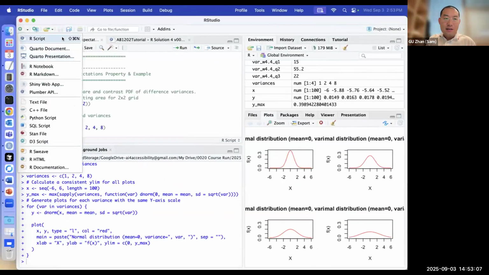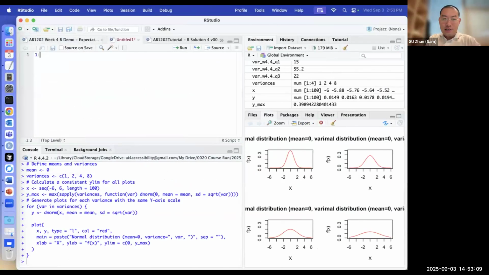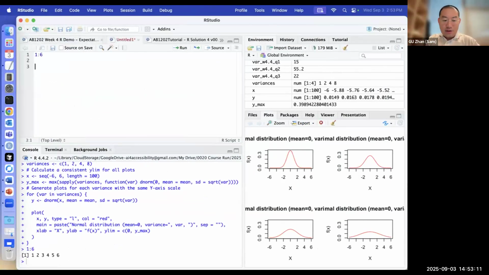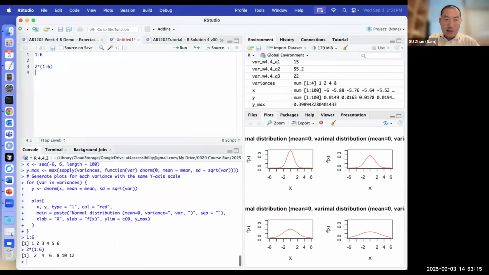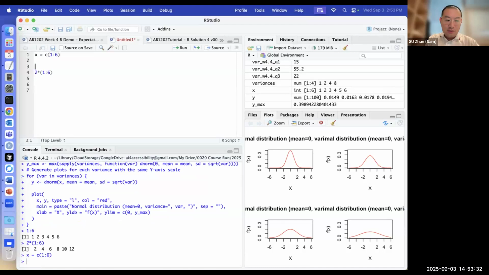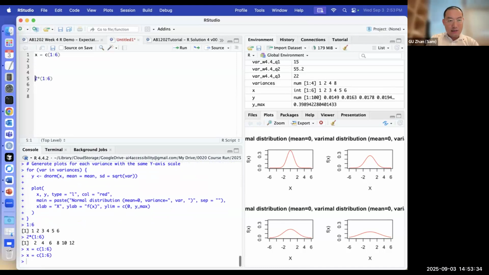I use 2 times 1 to 6, then you have these values, right? Now your expected value and the other things will change. Let's say x equals this, 1 to 6. Let's calculate it. X is this, and let's display x.